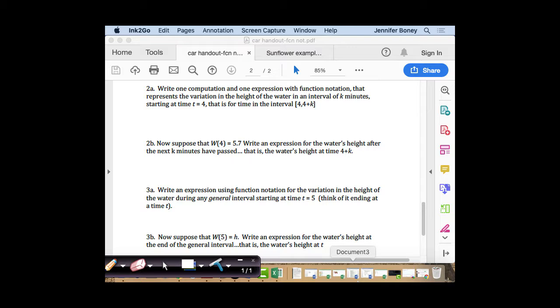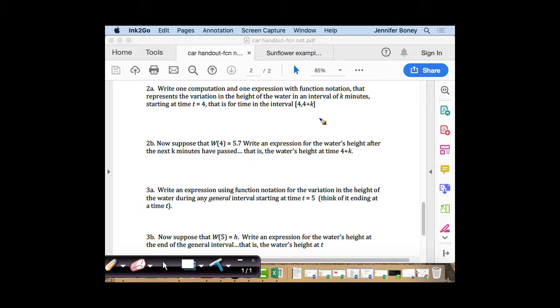So let's start with function notation. If I wanted to write something about the height of the water over this interval, think about what we did even with the race car when it wasn't constant rate of change. What expression with function notation would talk about the change in the height of the water, or how much that height varies, just using function notation?